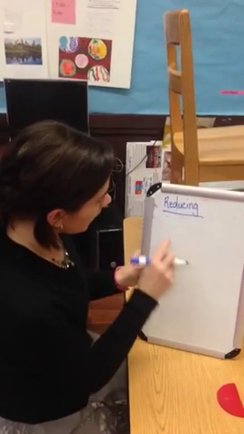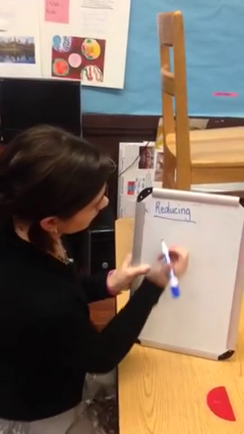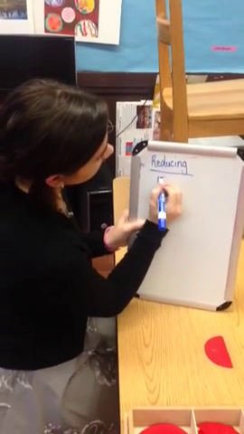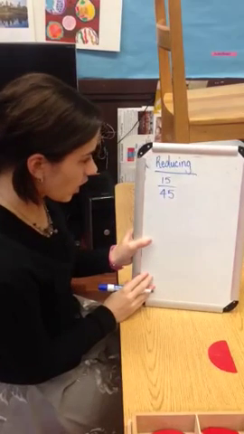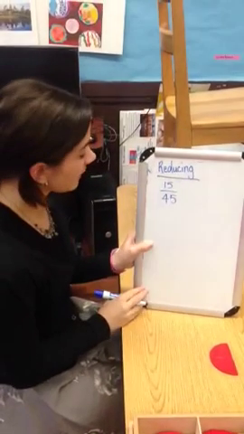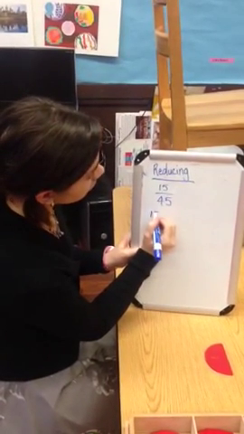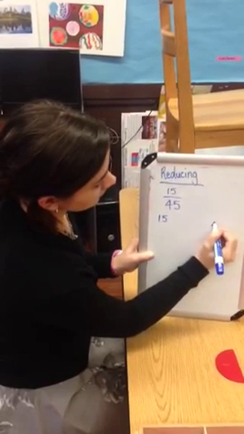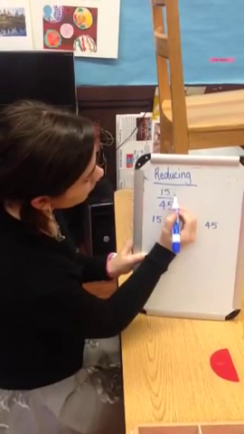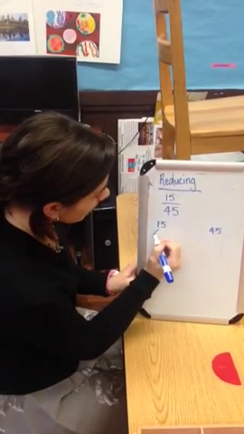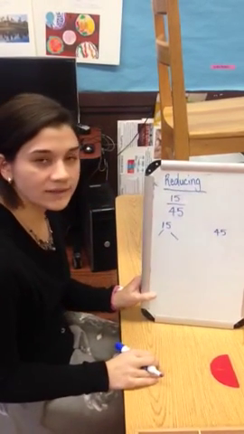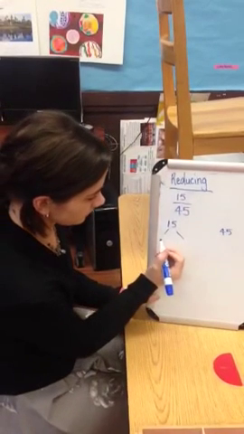For example, what if we had 15/45? First, we start by doing the factor trees for each of these. So we write the numerator and the denominator, and we start with our numerator, and we ask ourselves, what times what makes 15?